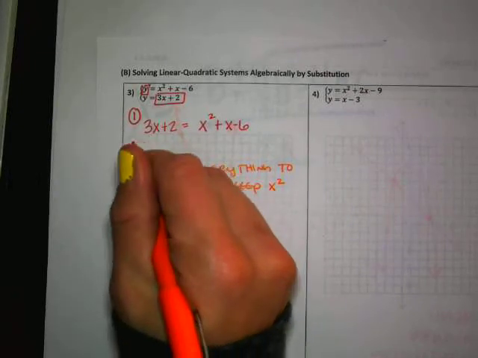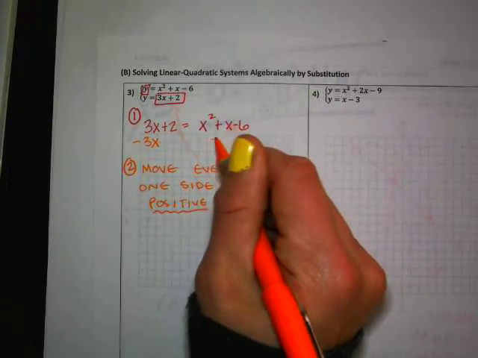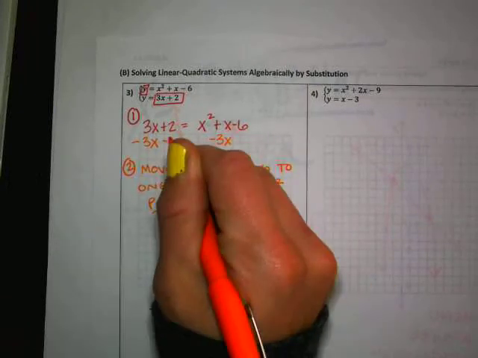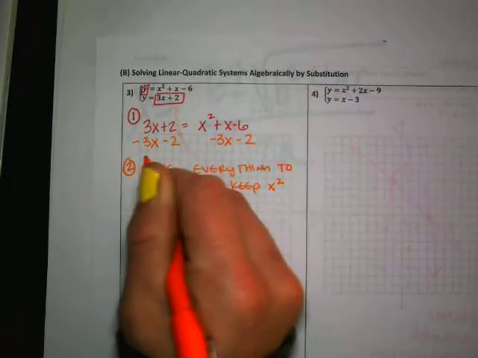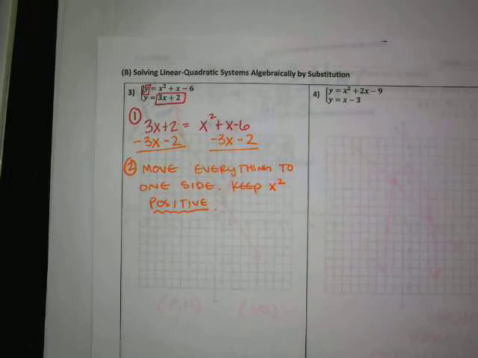So I'm going to move the 3x by minusing it, and I'm going to move the 2 by minusing it. Alright, so are we still good? Any confusion?